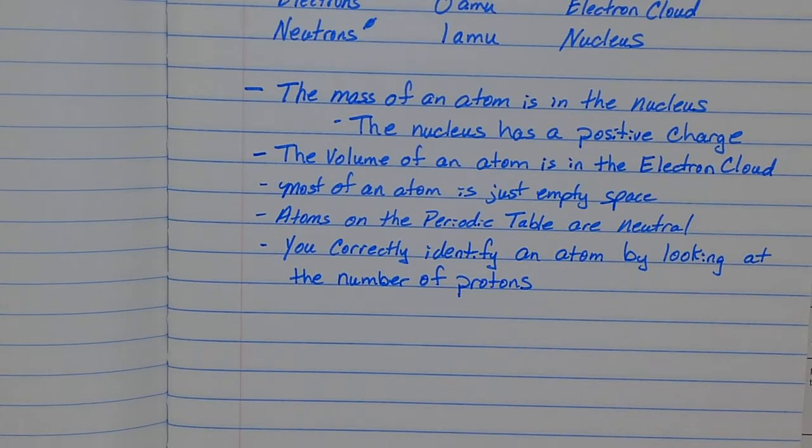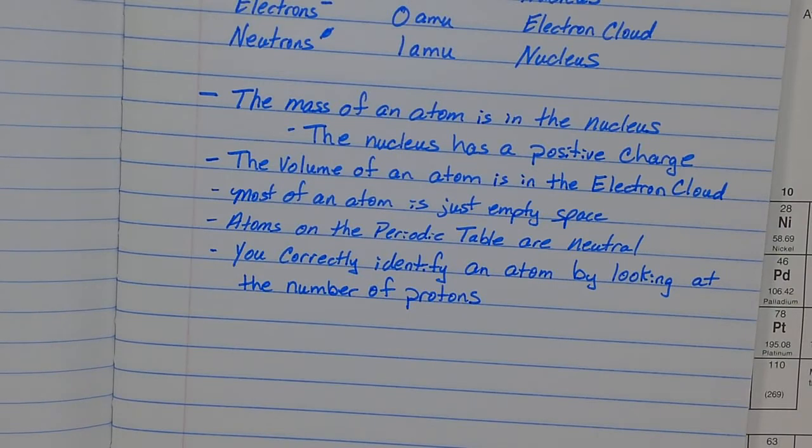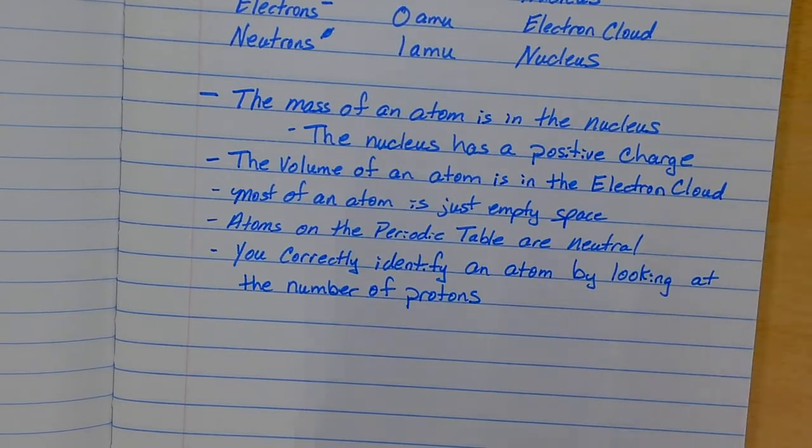Okay, so you correctly identify whatever atom it is that you're looking at by looking at how many protons it has in its nucleus. So when you're looking at your periodic table, no two elements on the periodic table have the same number of protons.